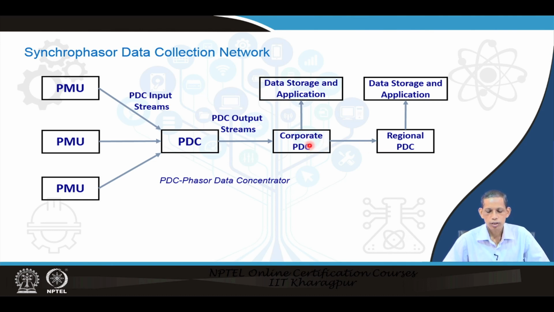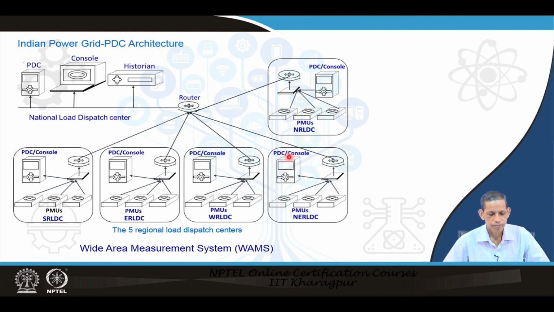This centralized phasor data concentrator collects the whole data, which is then stored, visualized and used for different applications, to command and to decide through the protection arrangement and other application perspectives.